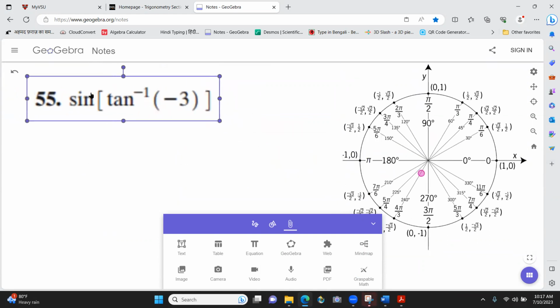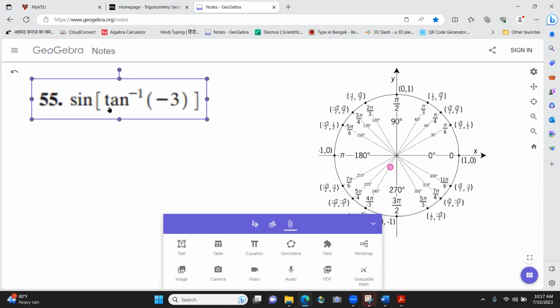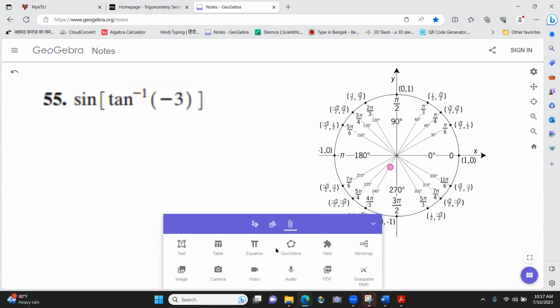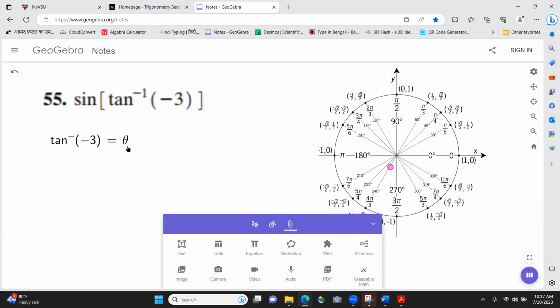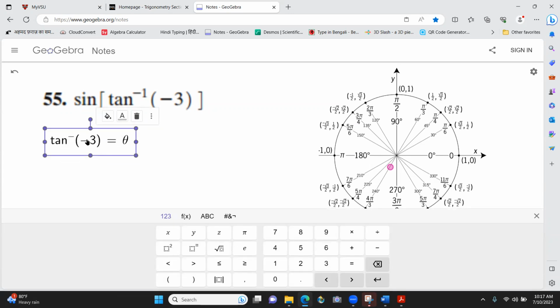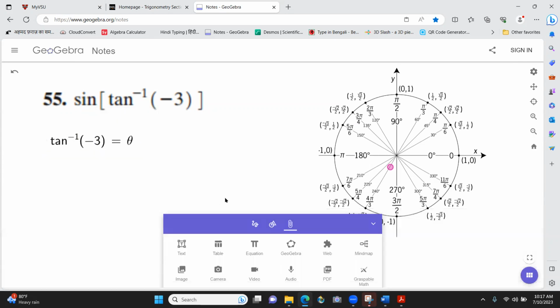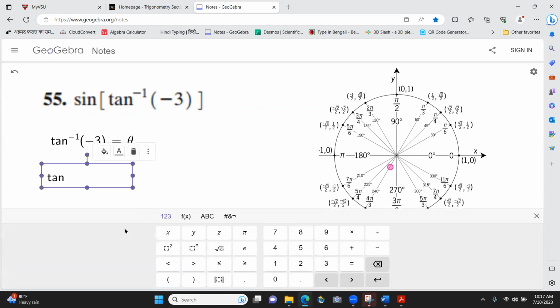All right. So the inverse part is defined as theta, tan inverse of -3 is theta. All right. So tan theta, by definition, is -3.